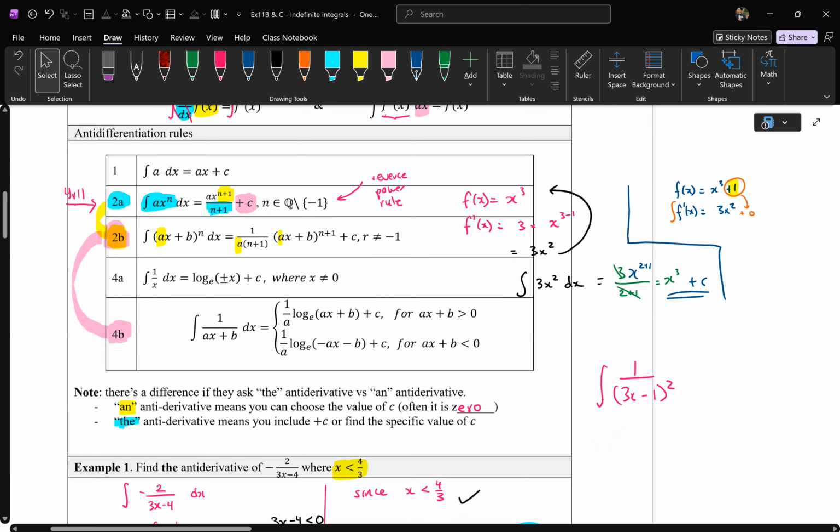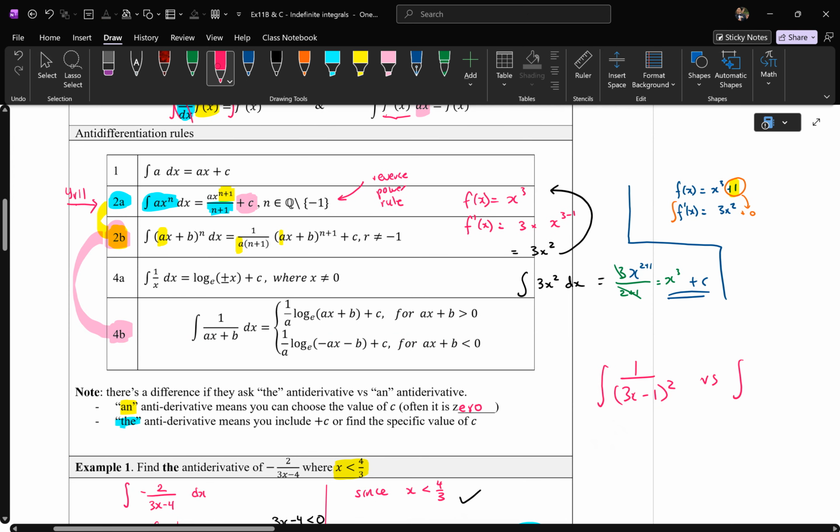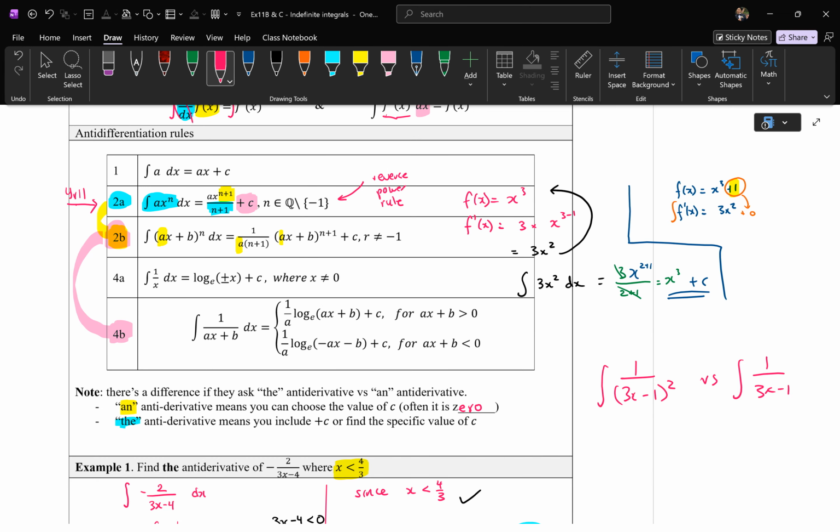See that? Versus antiderivative of 1 over 3x minus 1. So this one belongs to 2b. This is a 2b example because I can write that as antiderivative of 3x minus 1 to the power of -2 dx.